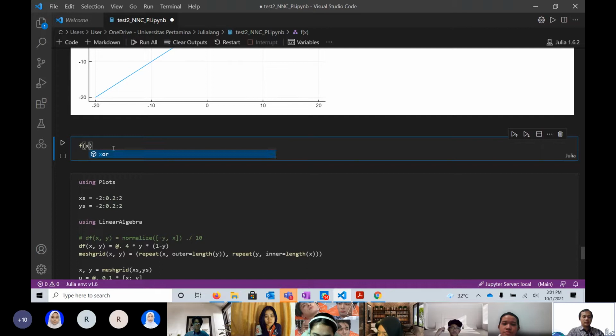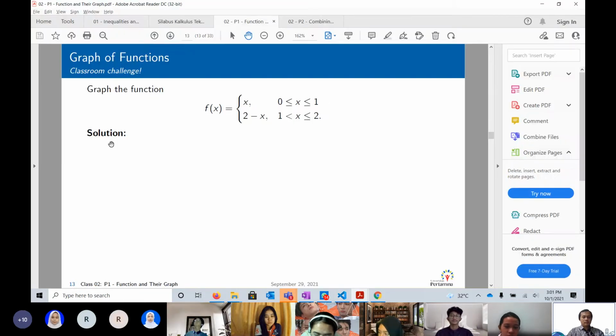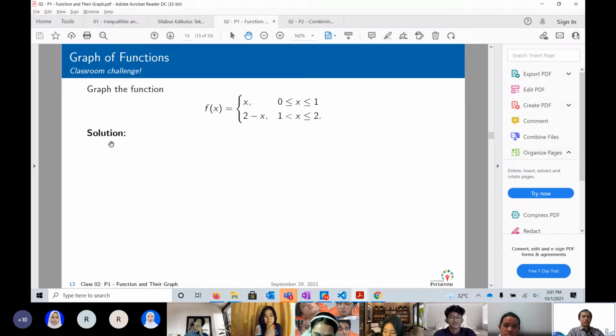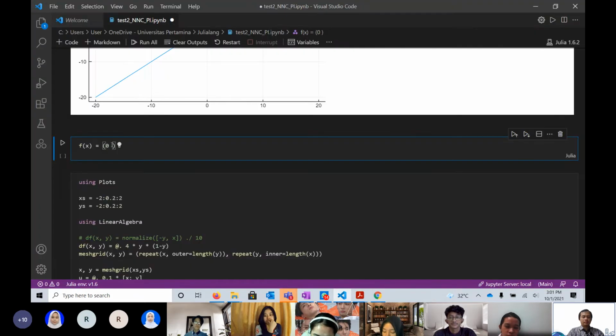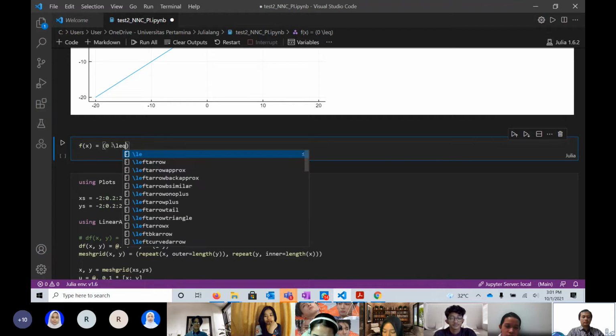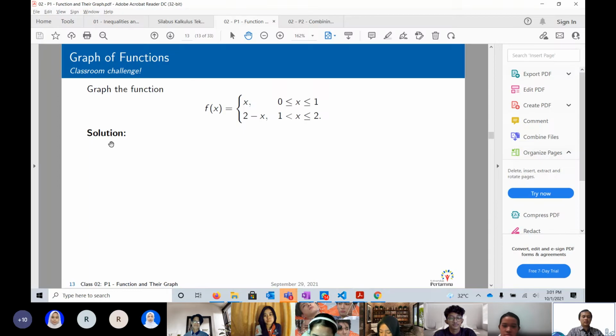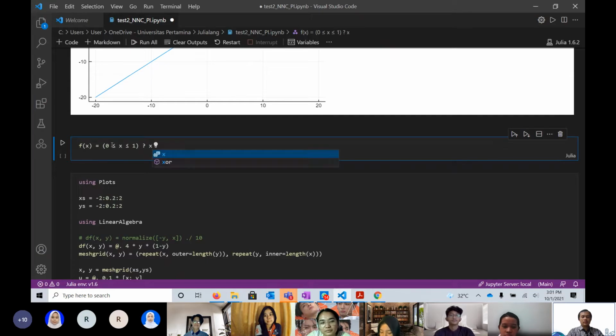Let's say f of x is equal to, okay, let's say if x is between 0 and 1, then the value is x.